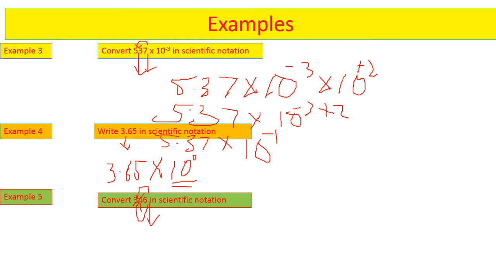So we write this number in scientific notation as 3.3746 into 10 raised to power 2.